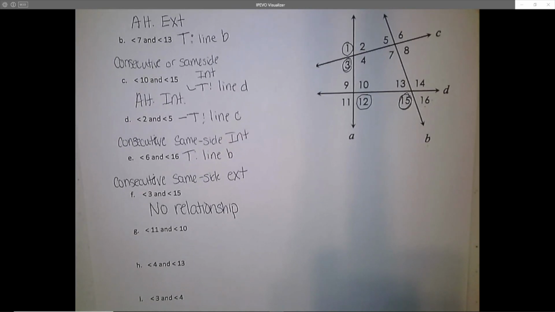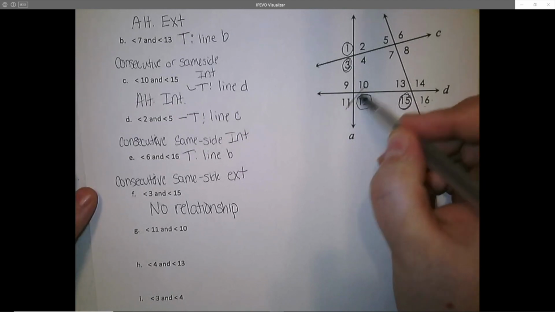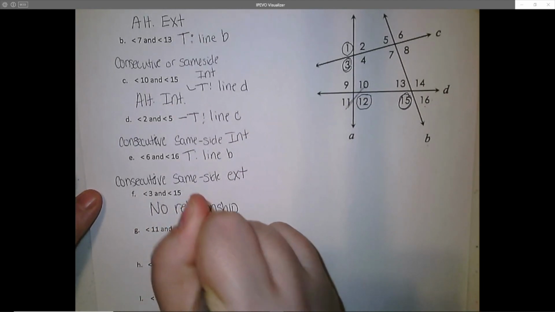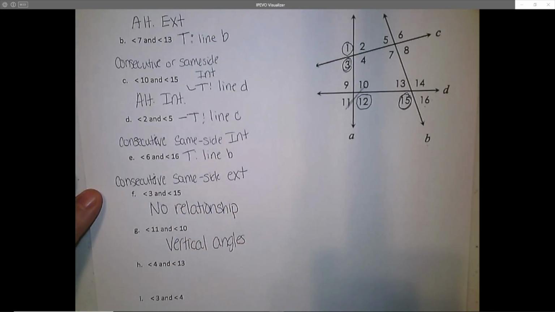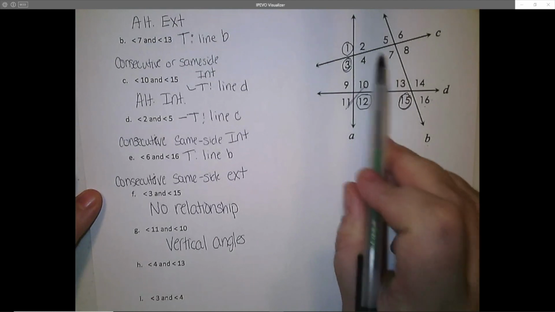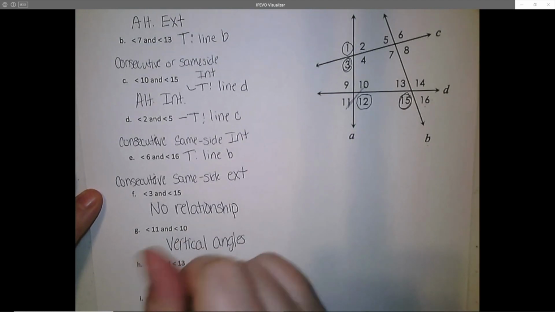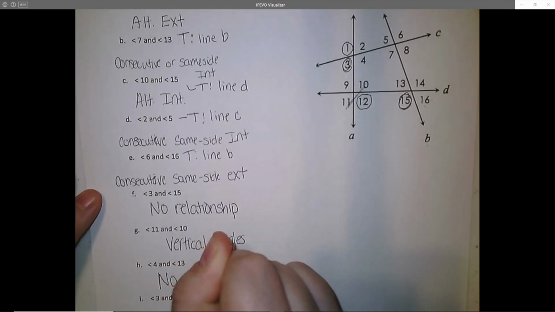Okay, 11 and 10. I shouldn't have to do anything. These are right across from each other. These are vertical angles. Okay, 4 and 13. They don't sit on a same line together, so there's no transversal, no relationship.